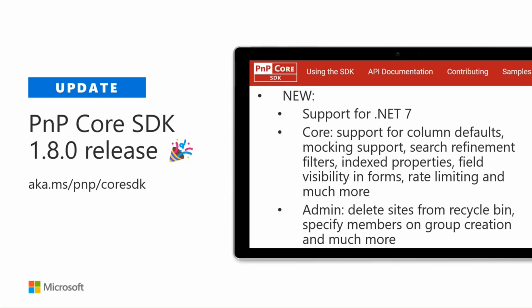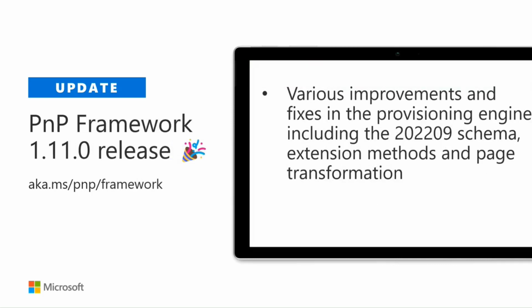All right, let's move to the next one, because if you do PnP Core SDK, we also have to release PnP Framework, because they both go together. So again, main thing there is .NET 7 support combined with all the fixes that have been accumulated over the last nightly builds. So again, a ton of smaller and bigger improvements, including the new schema. Let's call that one out.